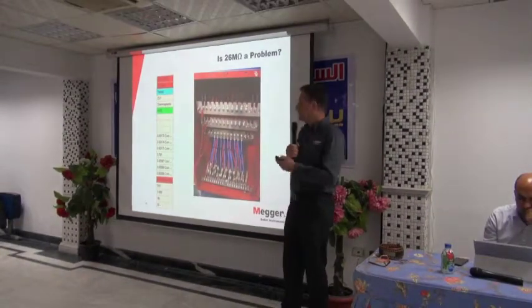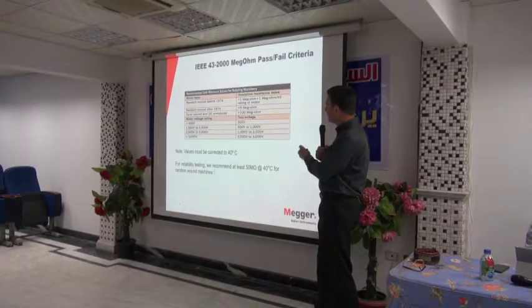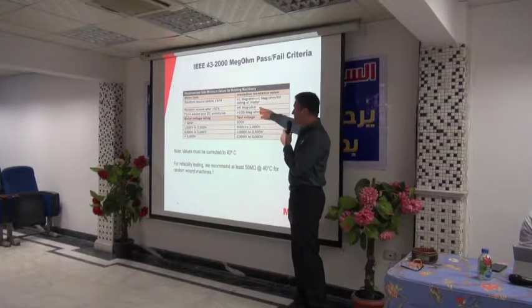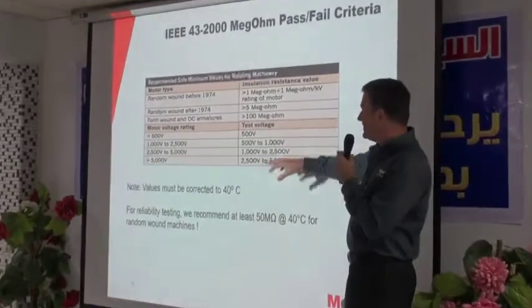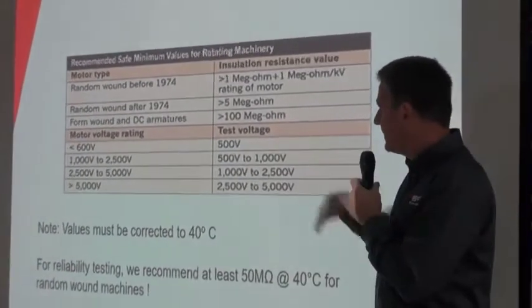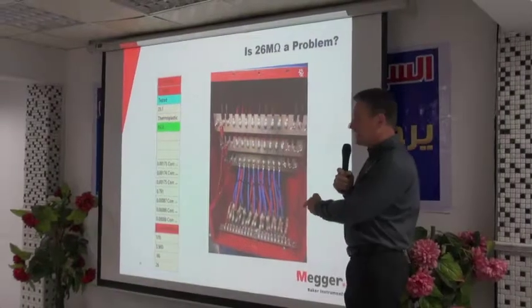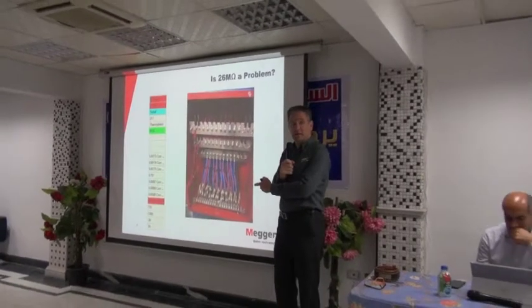But what's the standard? This is a random wound motor. The standard says 5. Or if it's a full wound winding, low voltage, 100. So that should be okay. The standard says that's okay.